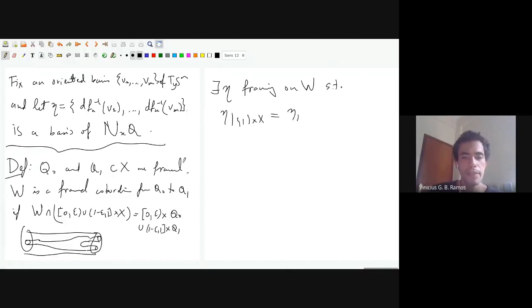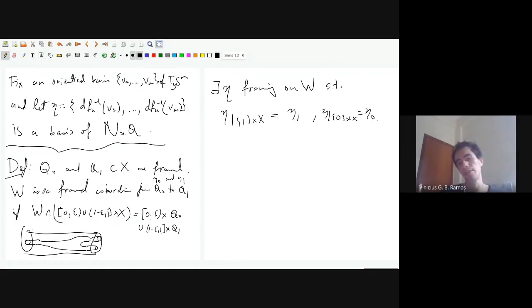So these are framed, and the framings are eta_0 and eta_1. And then eta restricted to {0} times X equals eta_0. So it's exactly what we'd imagine: the normal bundle of W has the same dimension as the normal bundle of Q_0 and Q_1, and when you restrict it to the two pieces of the boundary, the normal bundle is exactly the same.